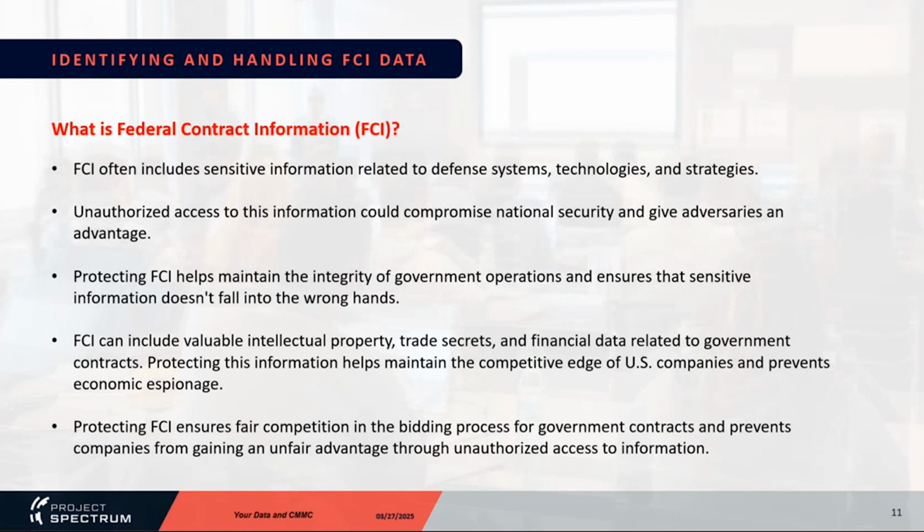Protecting FCI also ensures fair competition in the bidding process for government contracts. It prevents companies from gaining that unfair advantage through unauthorized access to information. You don't ever want to give them a leg up. You want to make sure that you are keeping things level, or you're keeping us on the side that's really moving forward and keeping them a little bit behind.